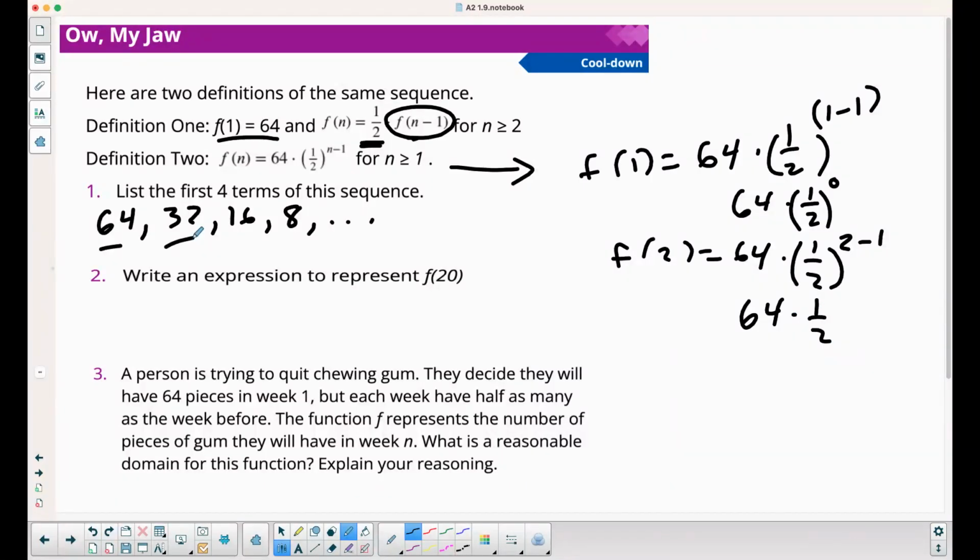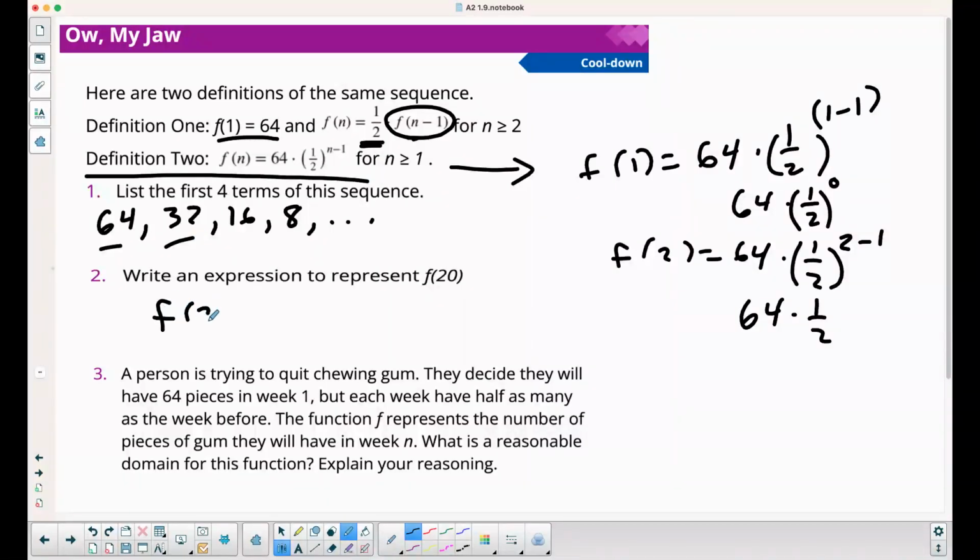And you might say, why would I want to plug them all in when I could just count? It just depends on the question. If I asked you find the 80th term, you wouldn't want to count. Okay. So look at the second one. Write an expression to represent f of 20. I don't want to count out to the 20th term. I'm going to just use definition 2, which is my explicit formula here.